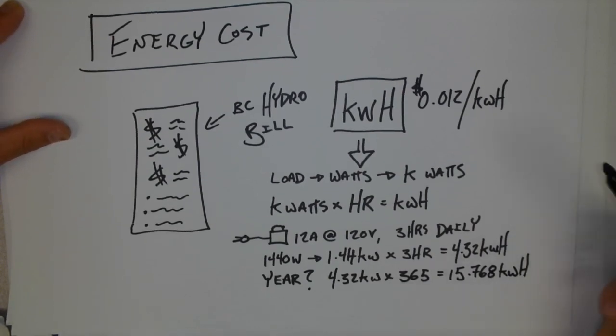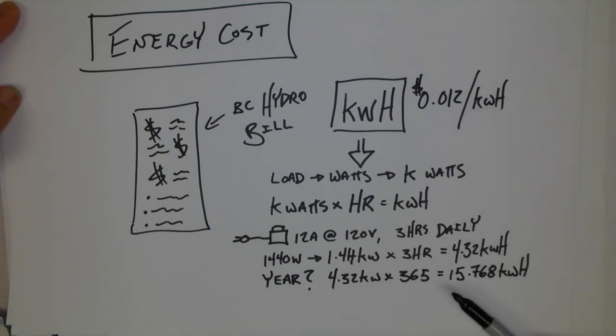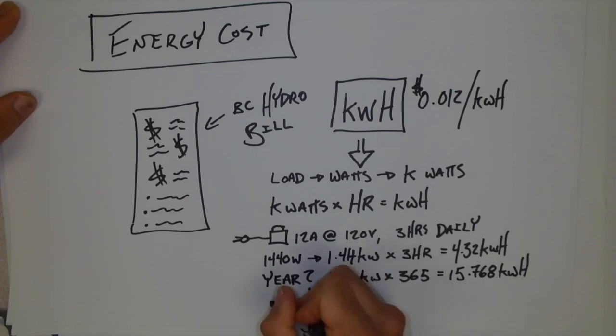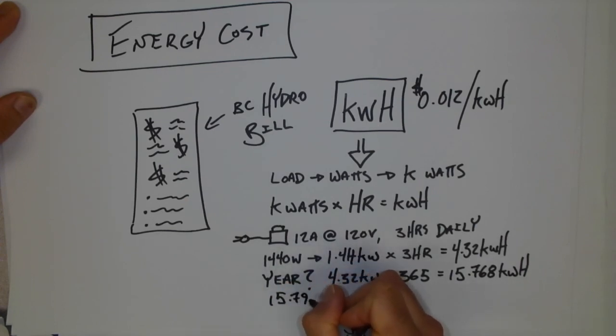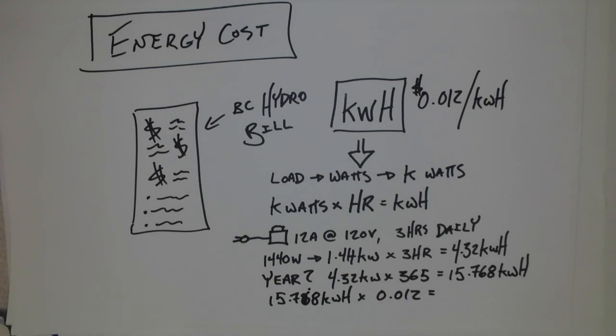Well, we take this value here, which is the monetary charge out for consumption, and we multiply it by this. So we got 15.768 kilowatt hours times 0.012 for the whole year.